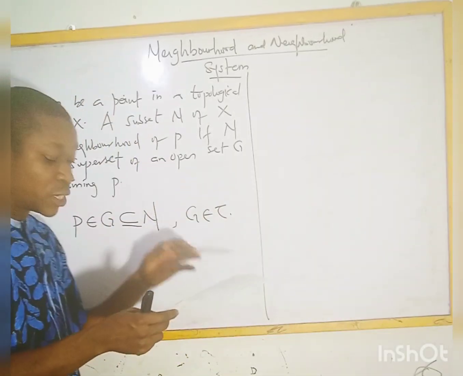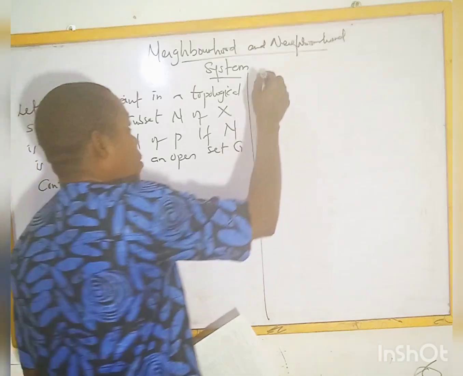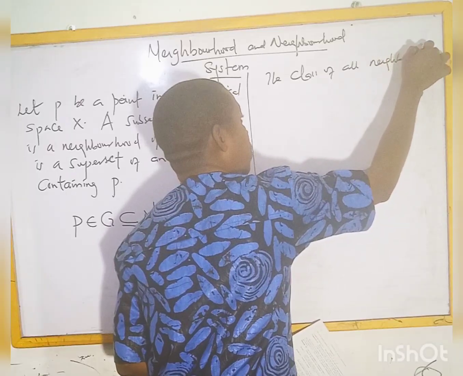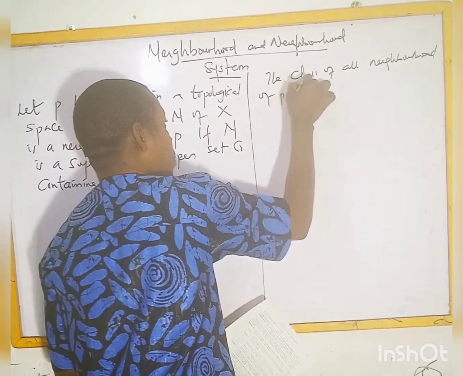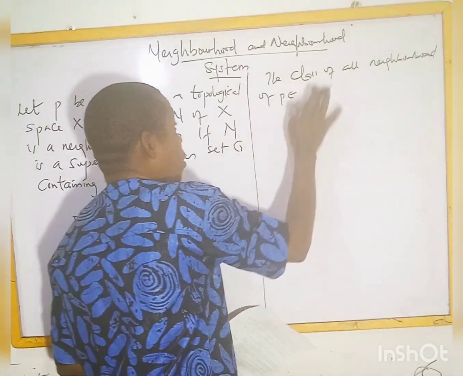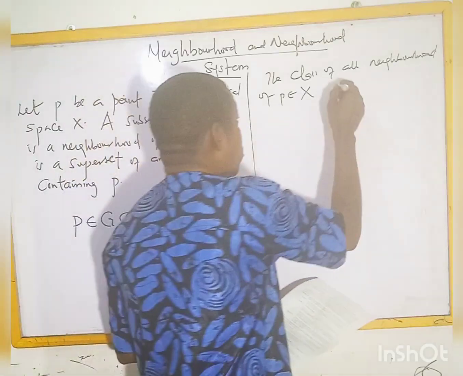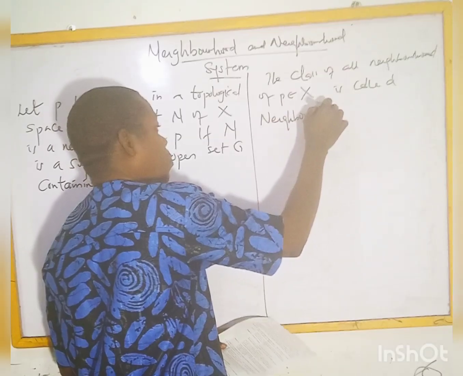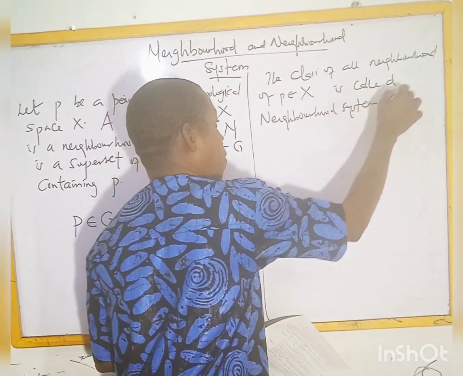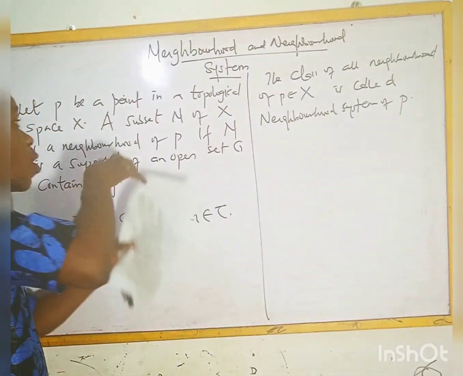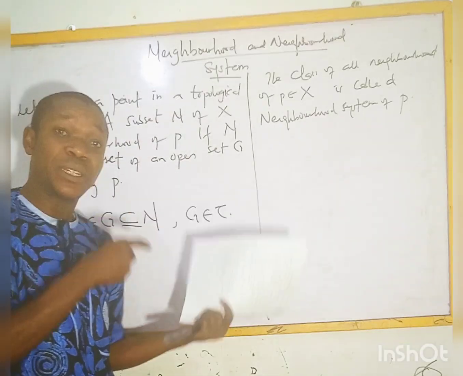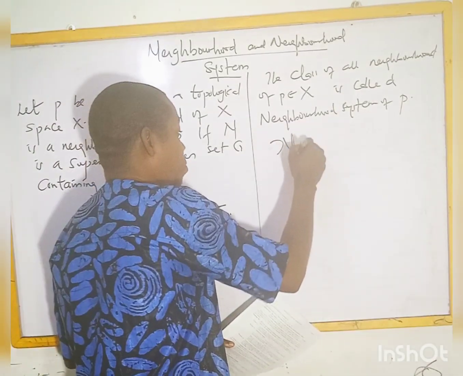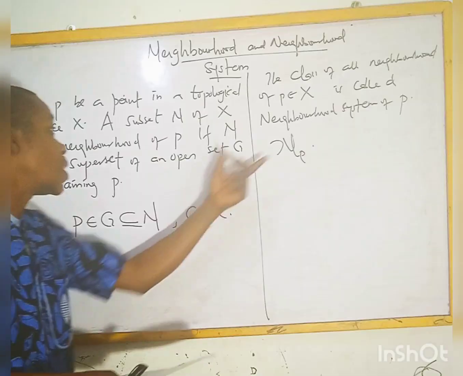So the class of all neighborhoods of P in X is called the neighborhood system of P. That is, the class of all those sets that contain P is referred to as the neighborhood system of P. That is denoted by N of P.